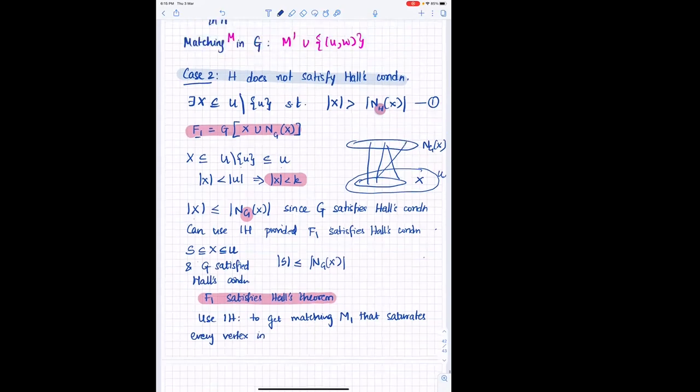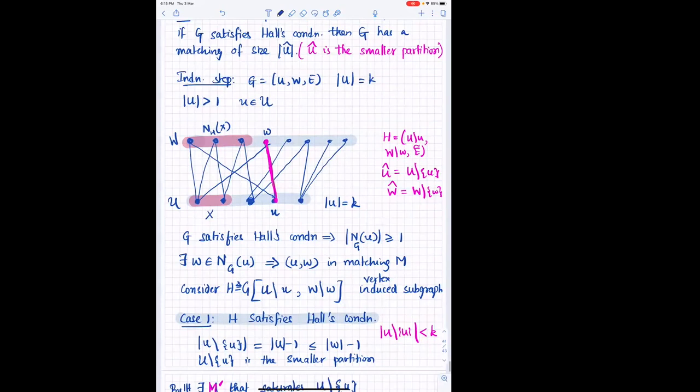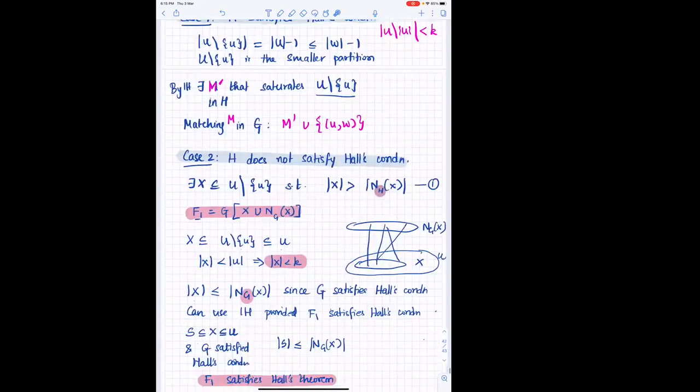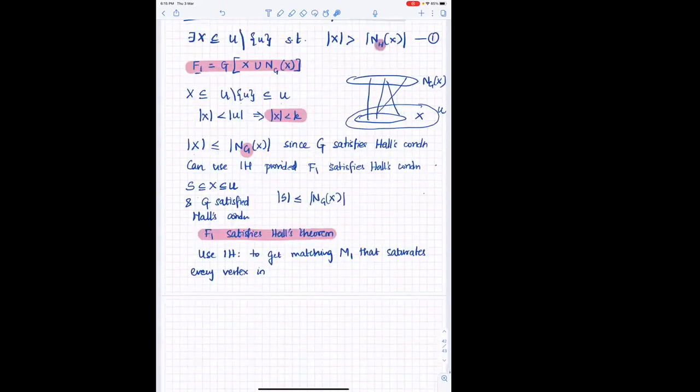In the goal, we wanted to find a matching that saturates every vertex in U. But what have we obtained by applying the inductive hypothesis to F1? I will write here clearly so that it is clear in the notes. Use the inductive hypothesis on F1.